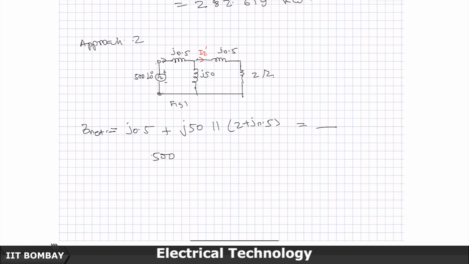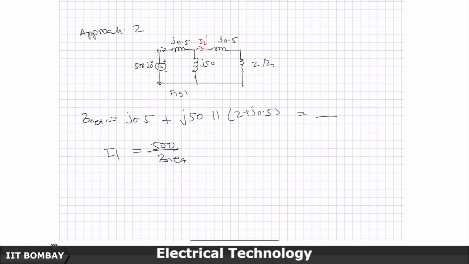Even now I feel that our initial approach was better. So, now I will get 500 divided by Z net, I will get I 1. Let us call this V m.